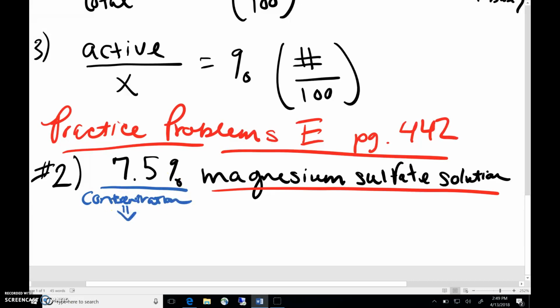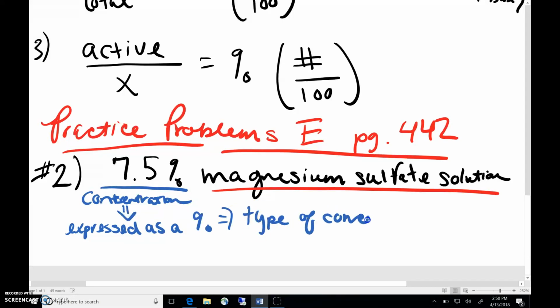So in detail, this concentration is expressed as a what? It's expressed as a percentage. In detail, the type of concentration is weight to volume.